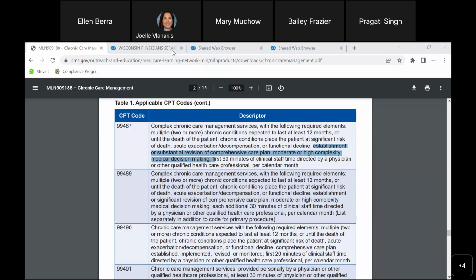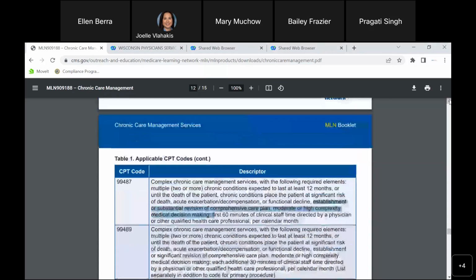All right, thank you. Next question: would specialists be able to bill for PCM for the work being done before their scheduled surgery is completed, such as coordinating education classes and appointment setup? I would really be just a little careful with this one. Let me scroll up on our document here.